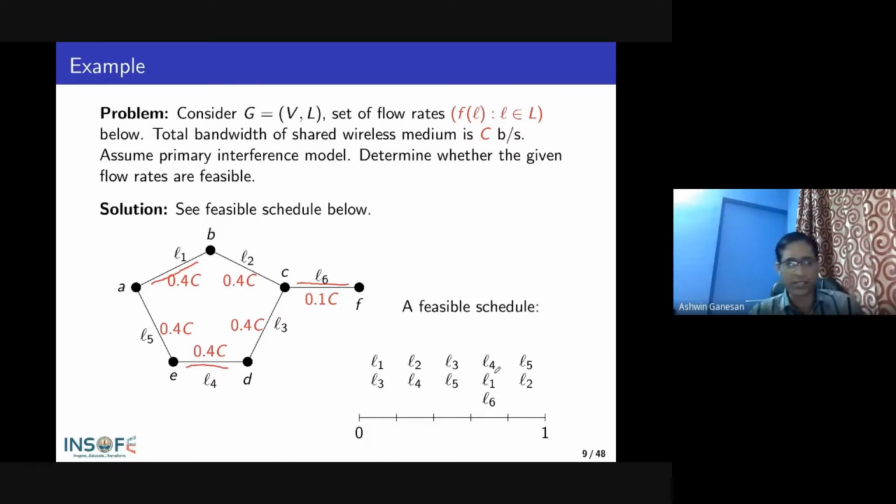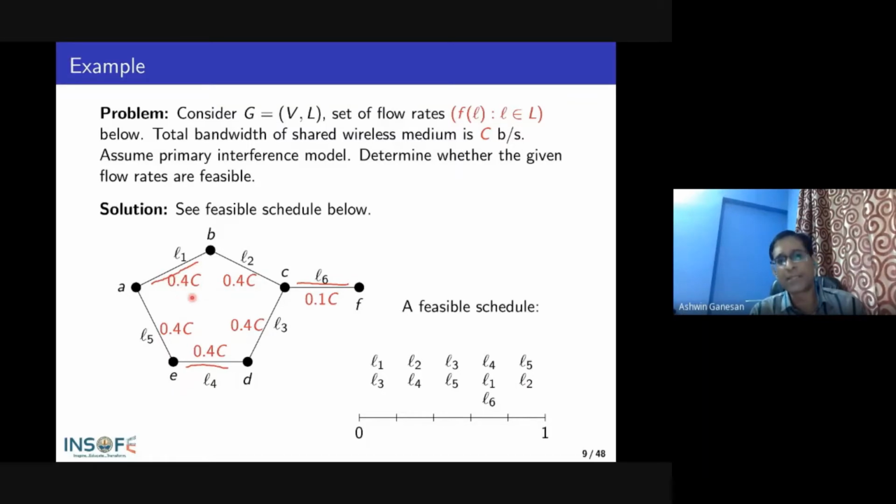And what you see here then is that L1 was active for 20%, and during that 20%, it transmitted at c bits per second. When L1 was active here, it transmitted at c bits per second. So it achieved in every unit of time a data rate of, 20 plus 20 is 40% of c, which is 0.4c.